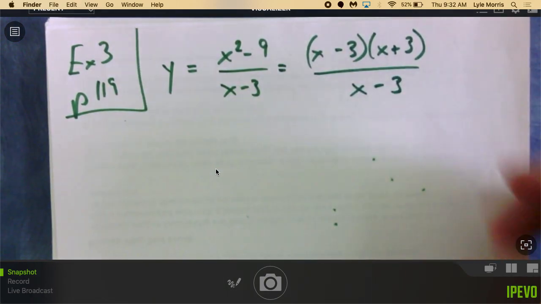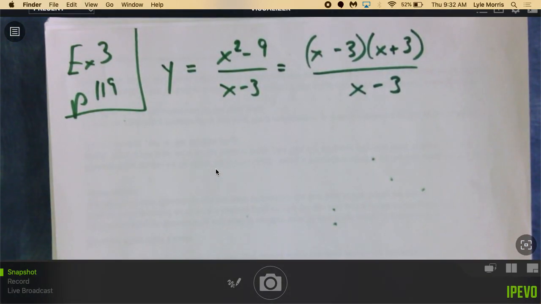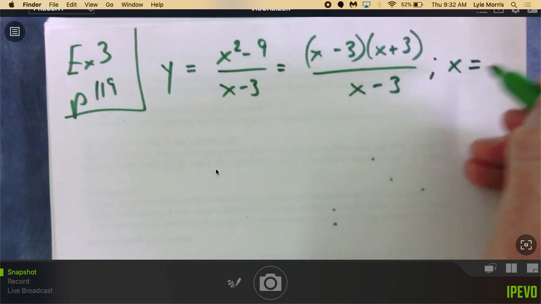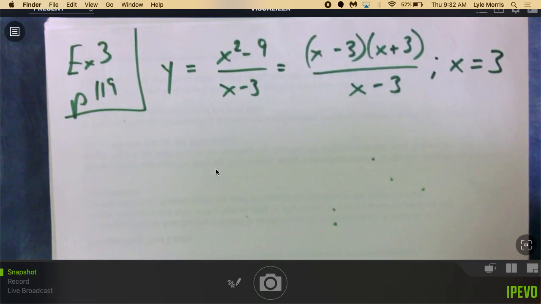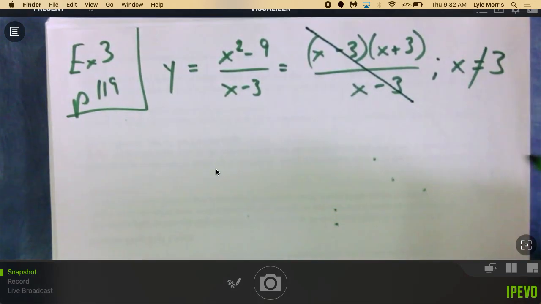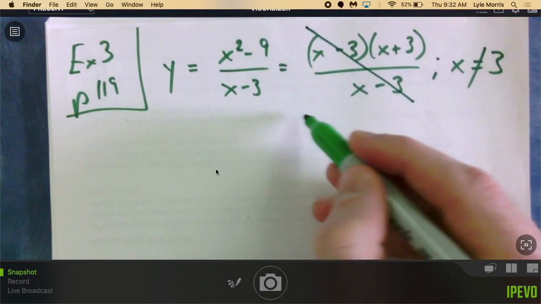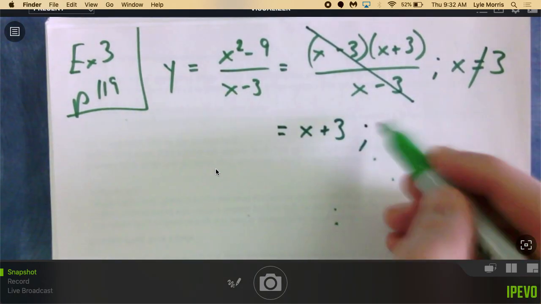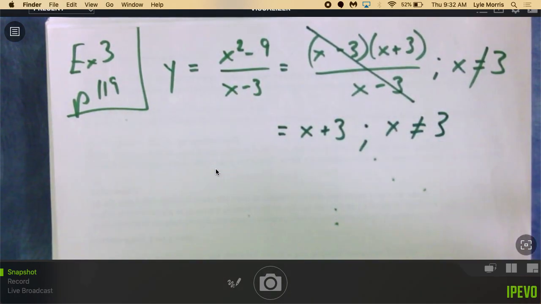Before we do anything, like canceling, identify non-permissibles. x cannot equal 3. Then we can cancel that, and it becomes y equals x plus 3. But it has that point of discontinuity.